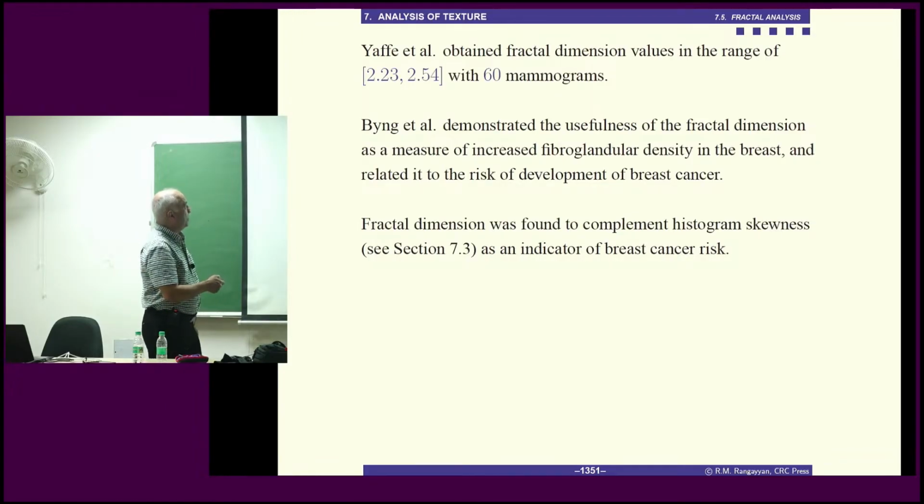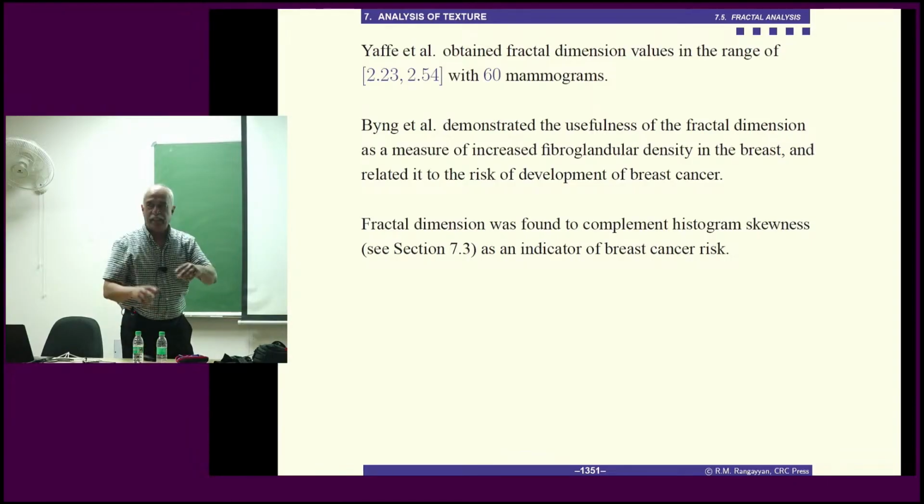And fractal dimension was also found to complement histogram skewness that we mentioned earlier as an indicator of breast cancer risk. So the more variation of fibroglandular tissue of higher density, the larger this fractal dimension. So variability of density and the presence of high density will increase the fractal dimension in this blanket method.